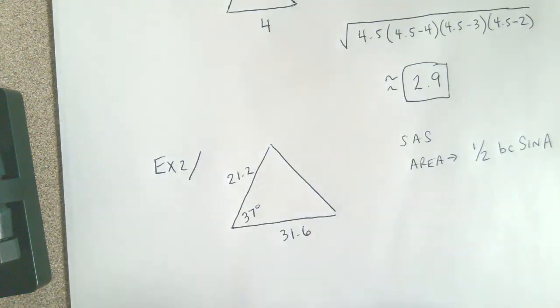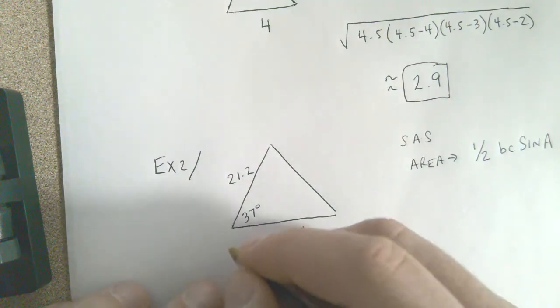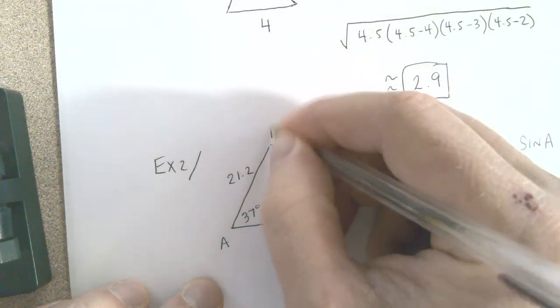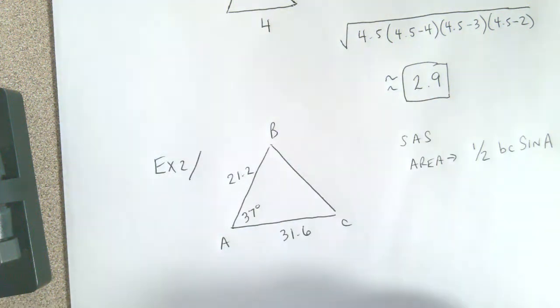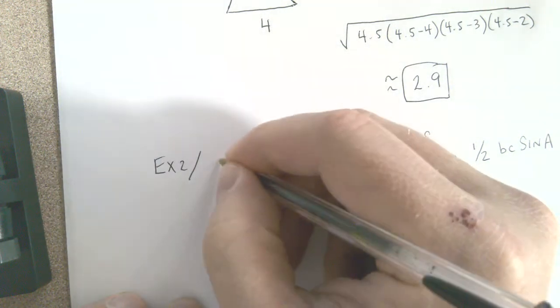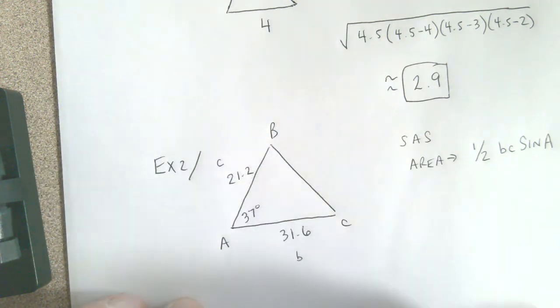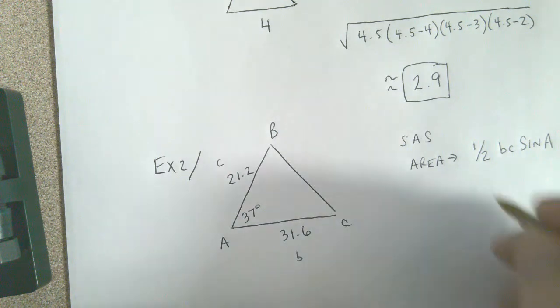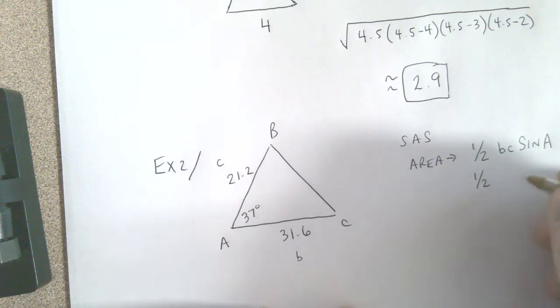Now this formula can be manipulated depending on what letters we have. In this particular one we have B, we have C, and we have angle A. But if you have other ones, the formula can just be manipulated.